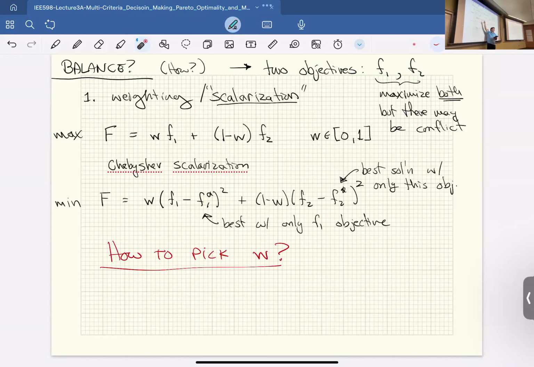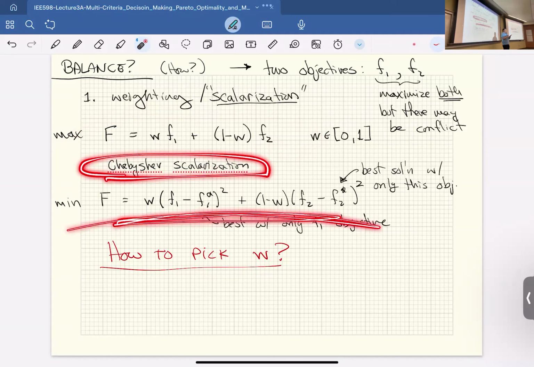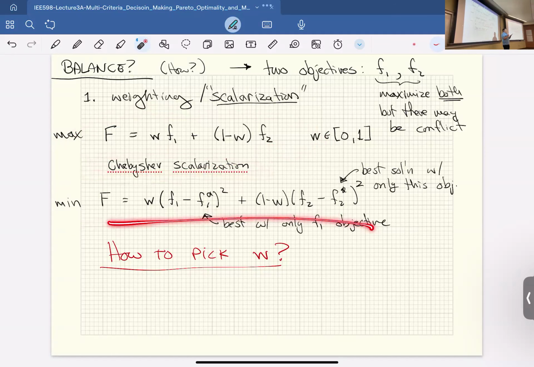But sometimes there happens to be two different ways that you can mix two different objective functions that have effectively the same weight. And this will only find one of them. And that may not be the best one. So that's the reason why we have this weird Chebyshev scalarization, is that it doesn't have quite those problems, but it still has the problem of how you pick the weight.